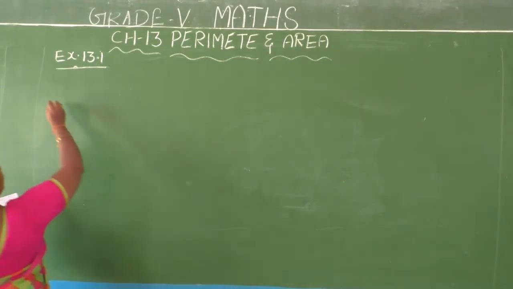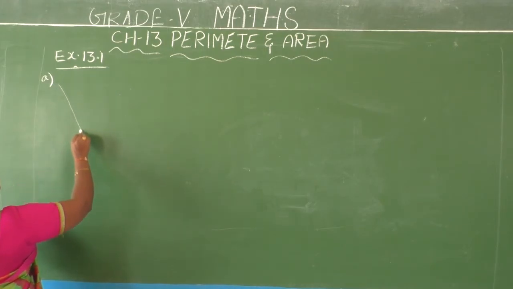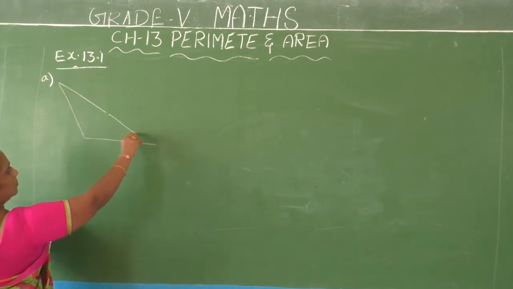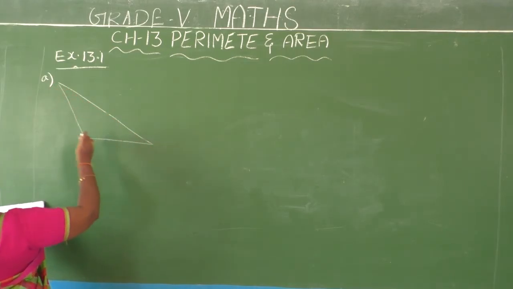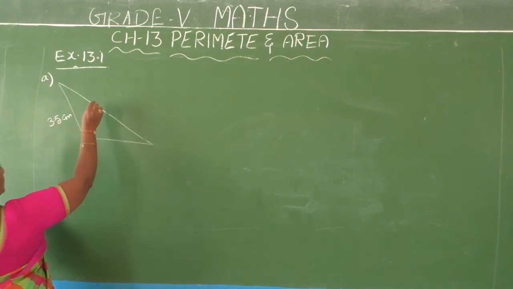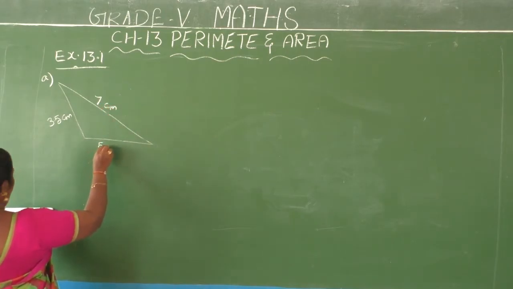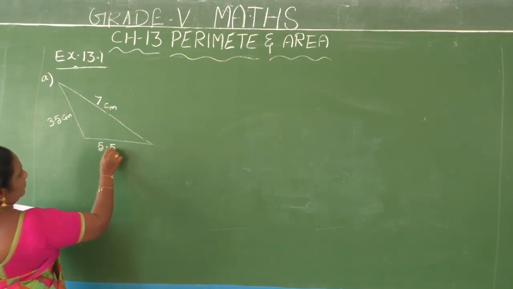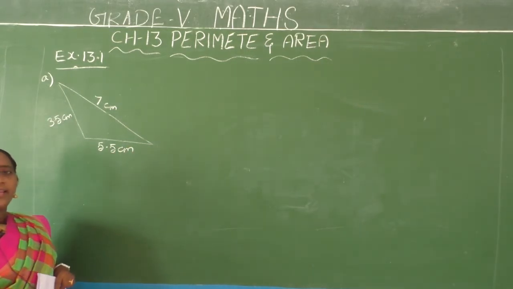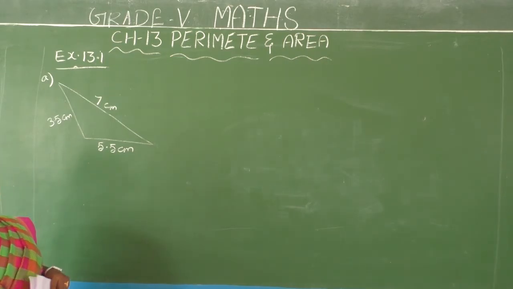They gave some figures. See, this side they gave 3.5 centimeter, here 7 centimeter, and this side 5.5 centimeter. So how do we find the perimeter of the closed figure? Sum of all sides. Very good.